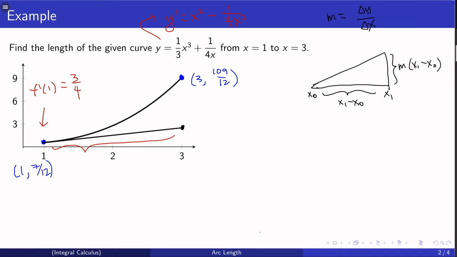Which means this hypotenuse here, by the Pythagorean theorem, is equal to the square root of (x1 minus x0) squared plus m squared (x1 minus x0) squared. And I can actually rewrite this to make it a bit simpler by factoring out this (x1 minus x0) squared.